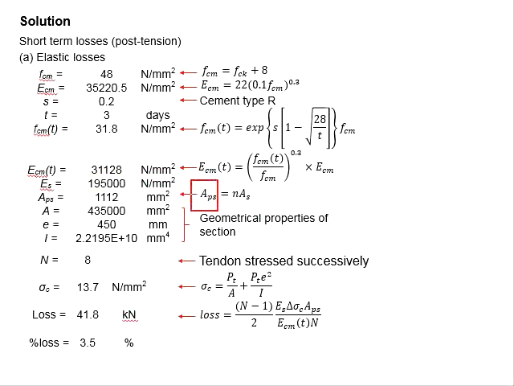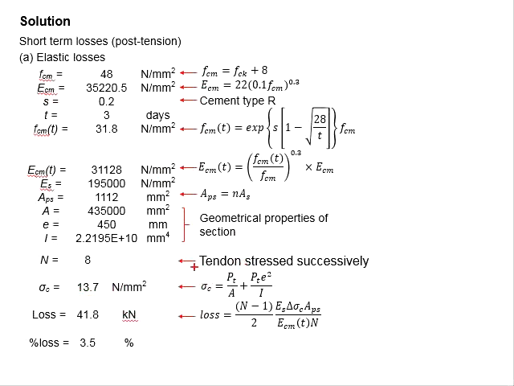The total steel area will be equal to 1112 mm square. And the geometrical properties of these sections were calculated in the previous example. The n now is equal to 8. The sigma c will be equal to 13.7.